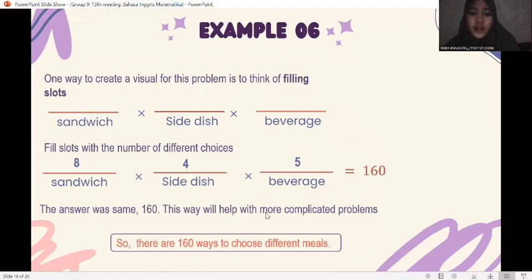So this way will help with more complicated problems. So there are 160 ways to choose different meals.